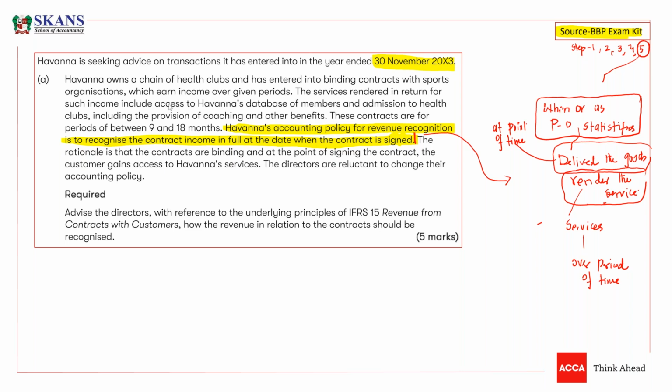Step one is identify the contract. Step two is identify the performance obligations. So how many POs are there, guys?